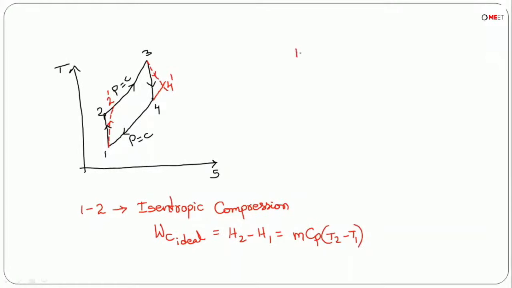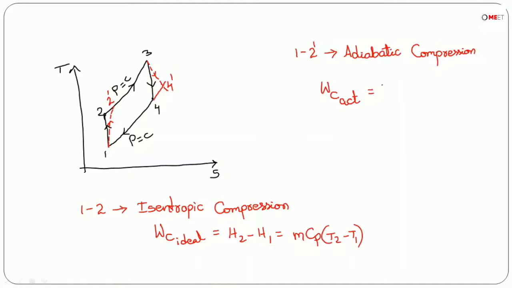Whereas process 1 to 2 dash, this is adiabatic compression. This adiabatic process is an irreversible process. So the work input that we are giving during adiabatic compression is the actual work input.